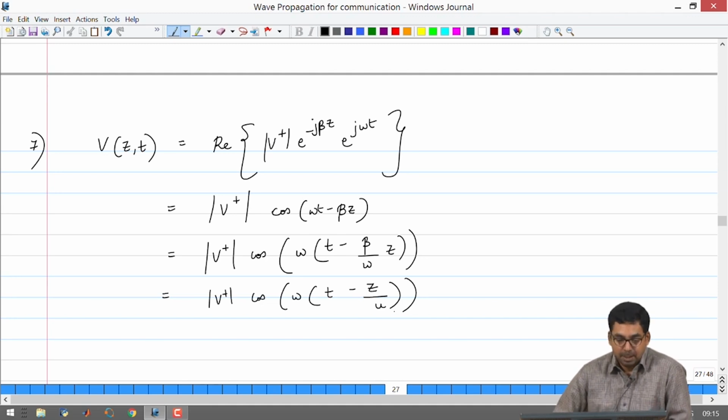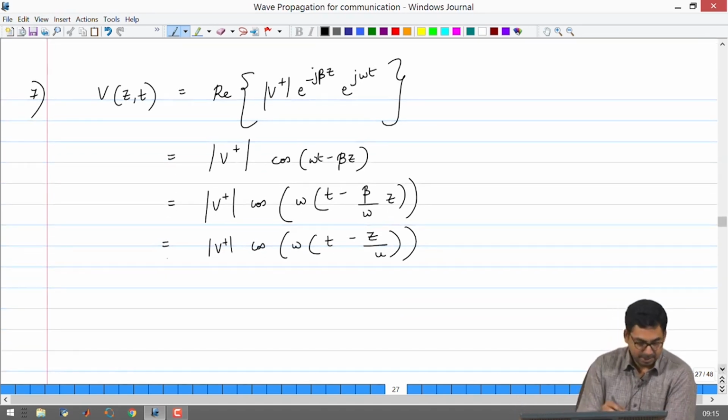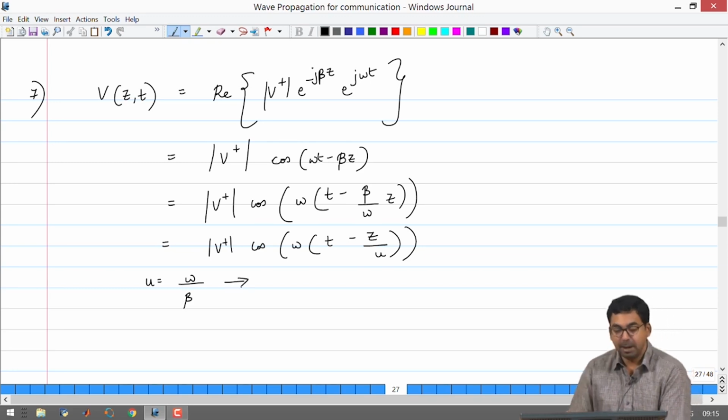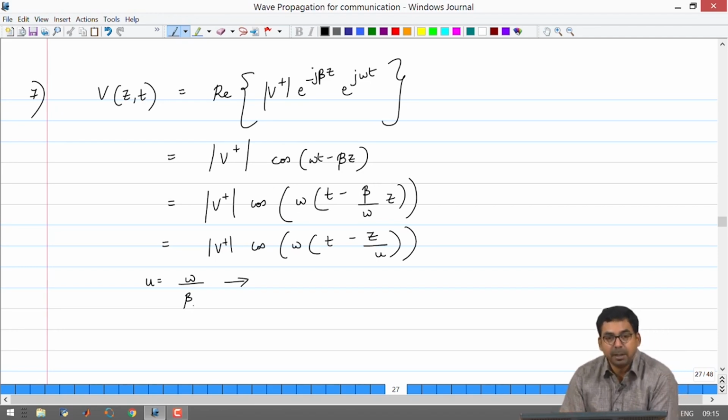Okay. Now, since this is established, we have encountered some new terms, alright. Beta, alright, is known as the phase constant, and u has been defined as omega divided by beta. Okay. So, you will be having radians per second for the numerator and radians per meter for the denominator.